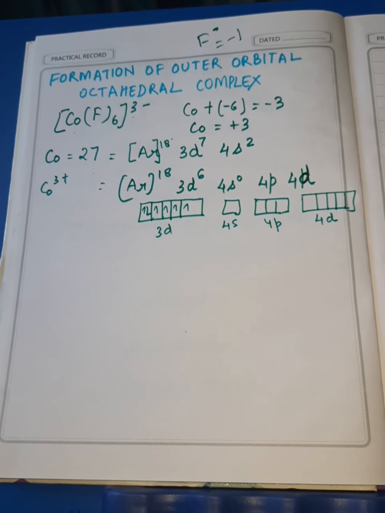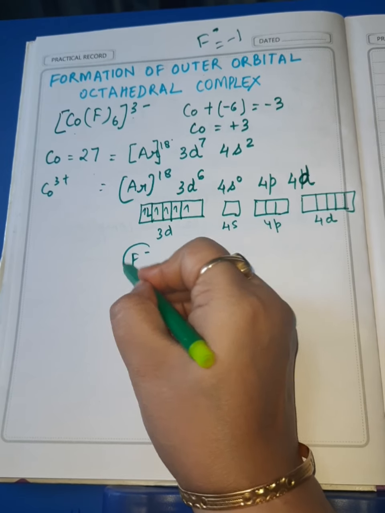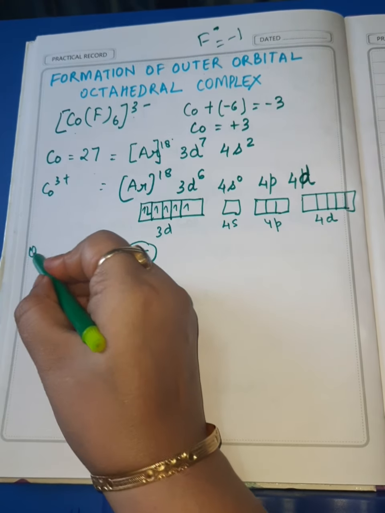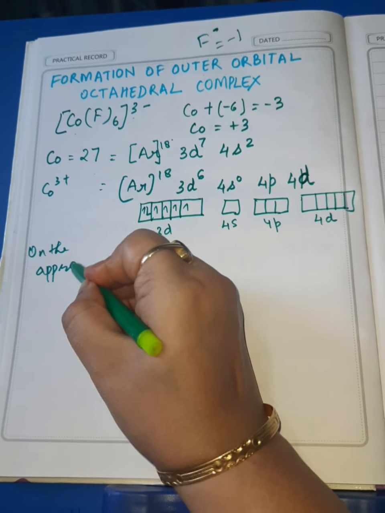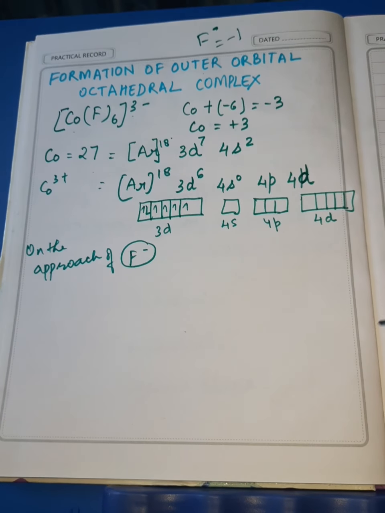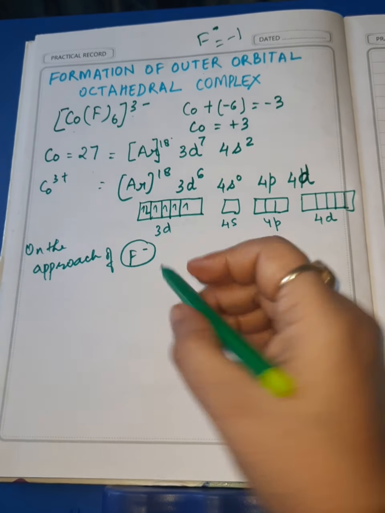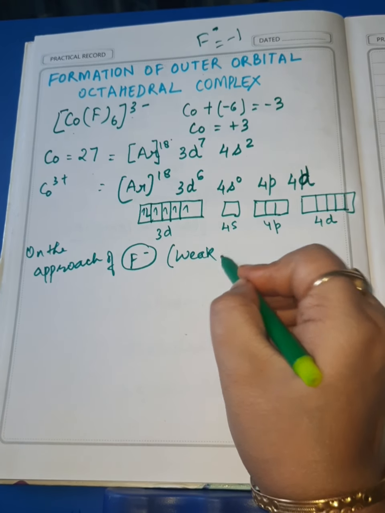Now in this situation, when F minus ligand approaches cobalt 3+, and if you remember in the previous video I gave you the knowledge of strong and weak ligands. So F minus is a weak ligand.